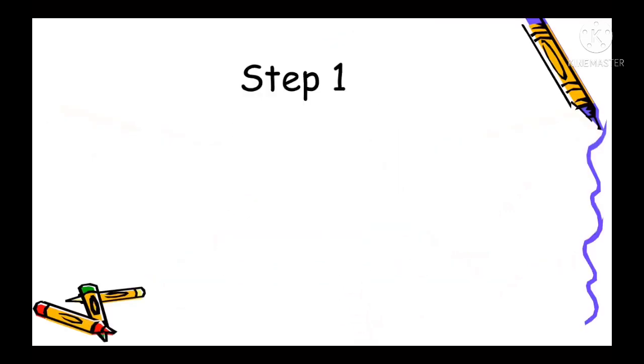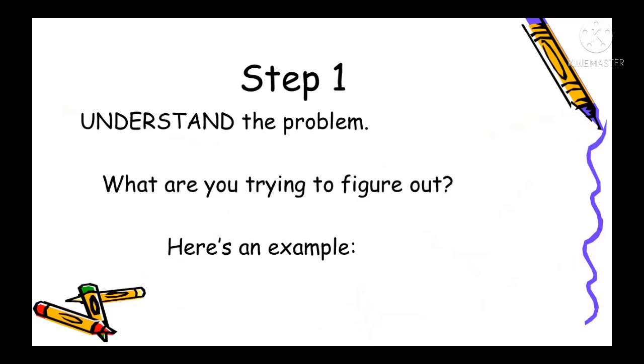Step 1. Of course, we need to understand the problem. Why we need to understand the problem is because this is one of the important parts, right? It's because here we need to identify the given and the question, correct?